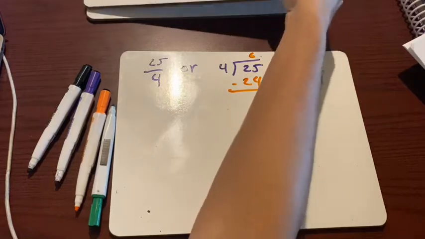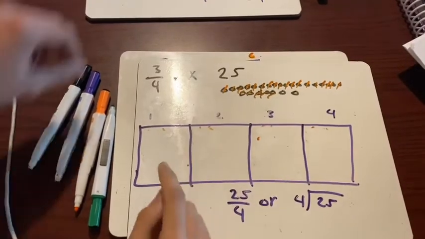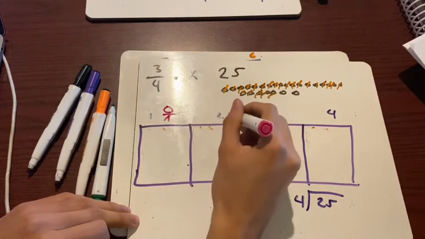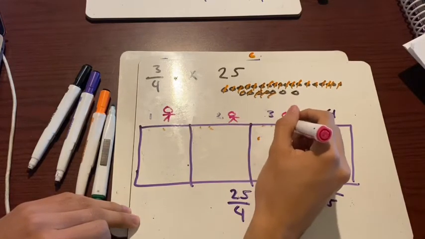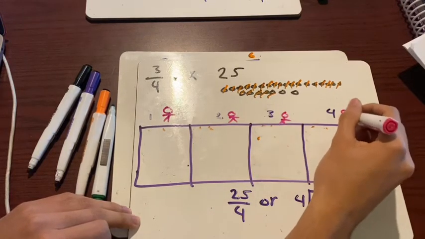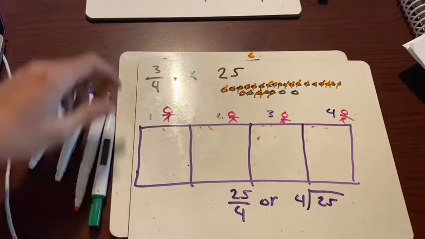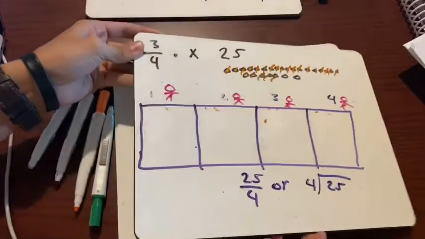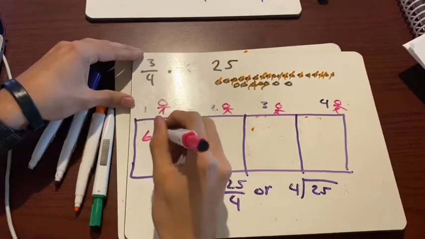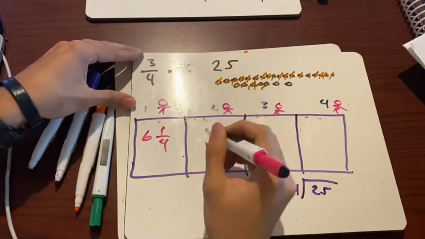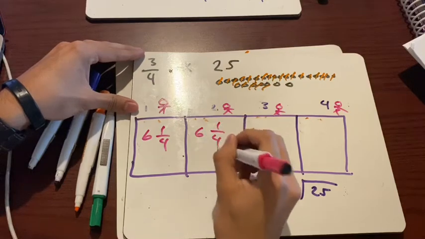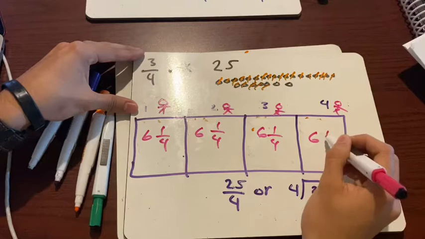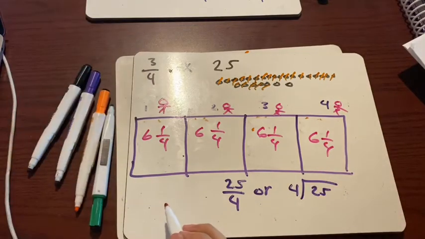Each of your 4 friends, let's say this is one friend, another friend, another friend, another friend, is going to get this many. Each person will get 6 wholes and 1/4.